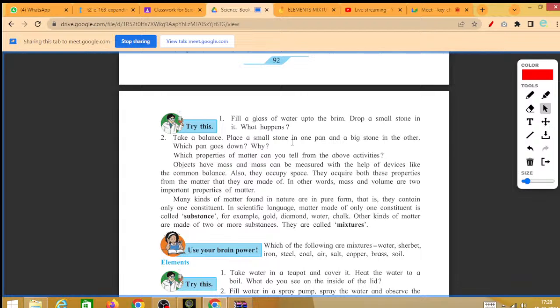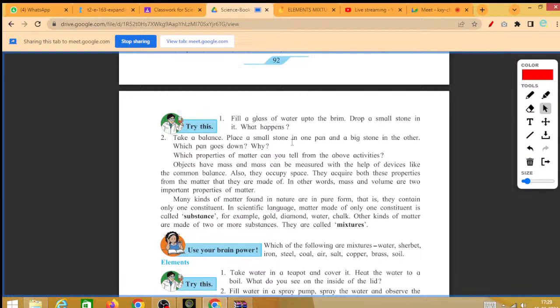Next. Anjali, take the next one. Number 2. Take a balance, please. Place a small stone in one pan and a big stone in the other.